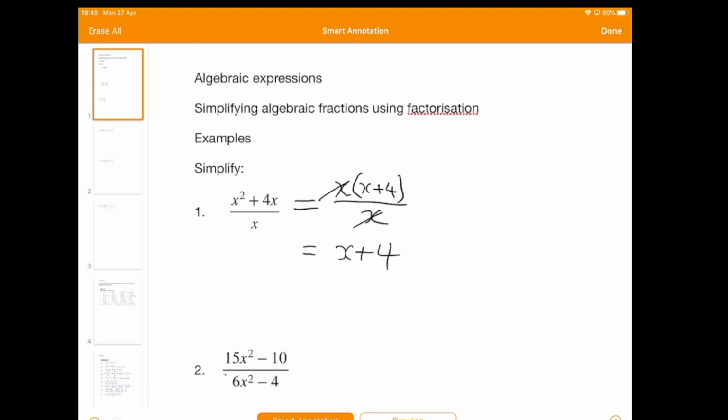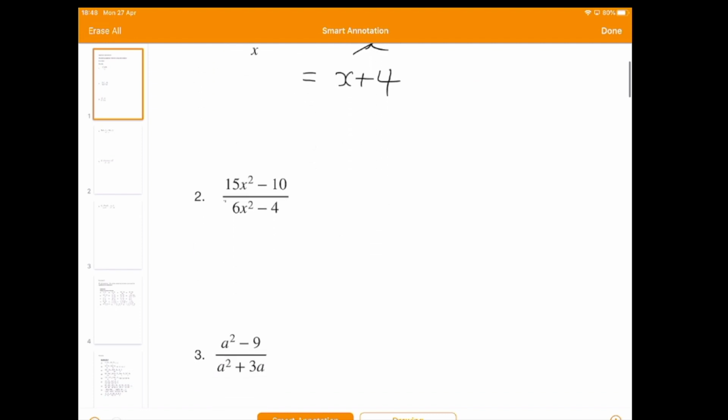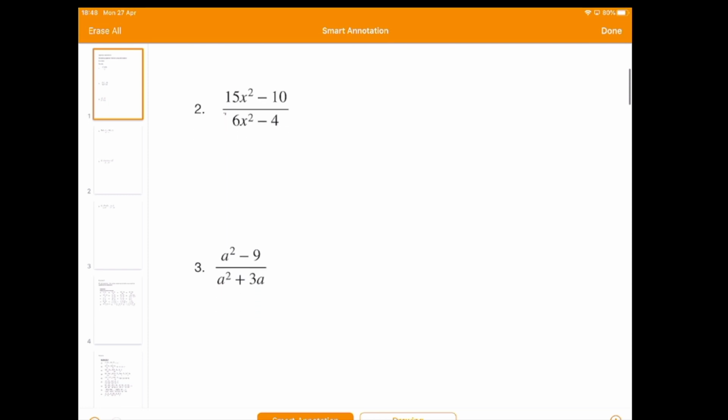Right. Look at number 2. Do the same thing. Factorize 15x squared minus 10 because that can factorize. Factorize also 6x squared minus 4 because that can factorize as well. Right, let's start with the numerator. I'll draw that line first. 15x squared minus 10. You will notice 5 is common.